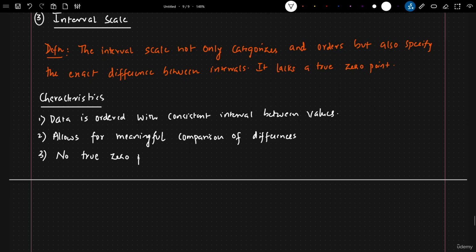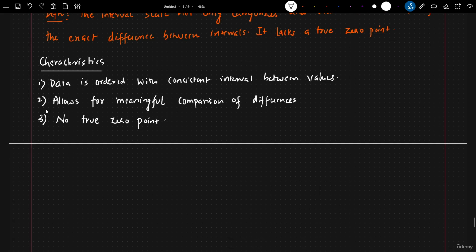Now, what does this basically mean? We definitely have to see with the help of examples. Okay. So let's take one example. Let's say one of my data is temperature, and temperature can be in Fahrenheit.